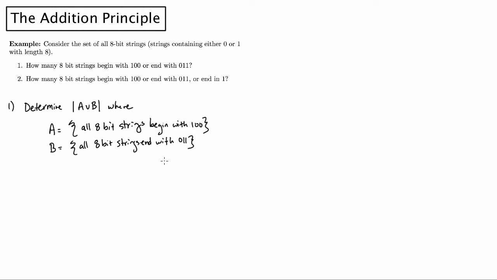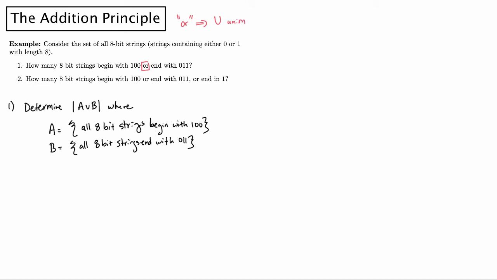So in determining the size and knowing that it's the union that I need to be looking at here, the key term is the word or. Typically when or is used, that implies that you're looking at the union.